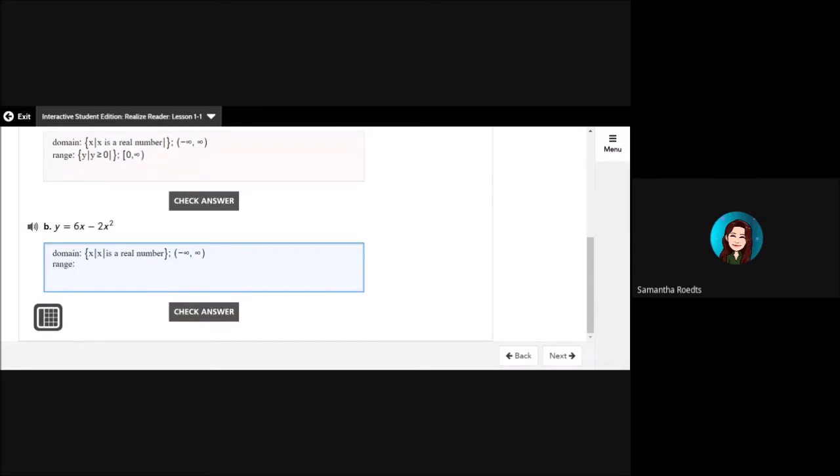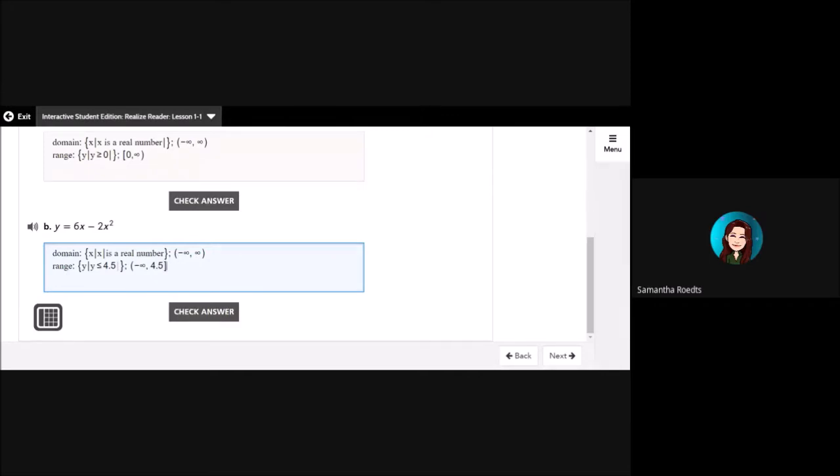My range, so y is less than or equal to 4.5. And then also looks like this.